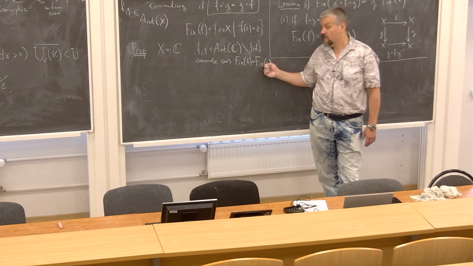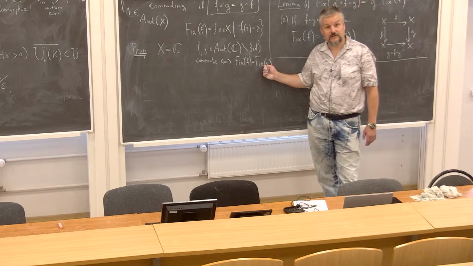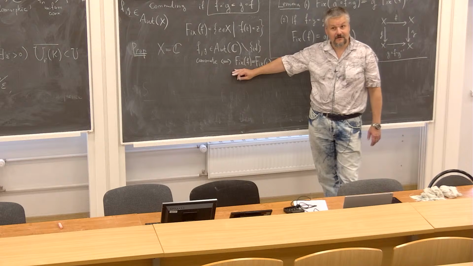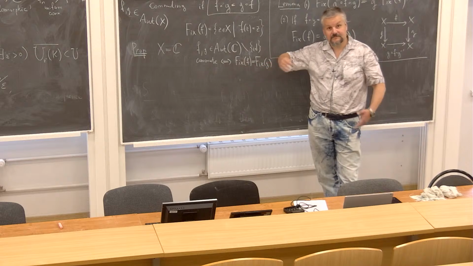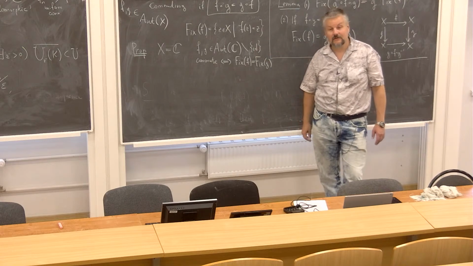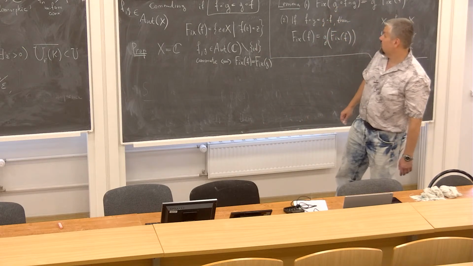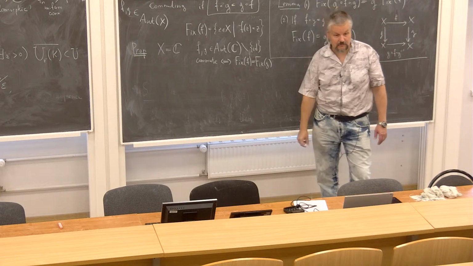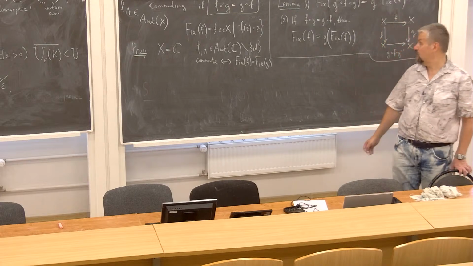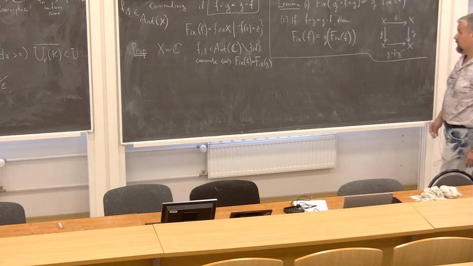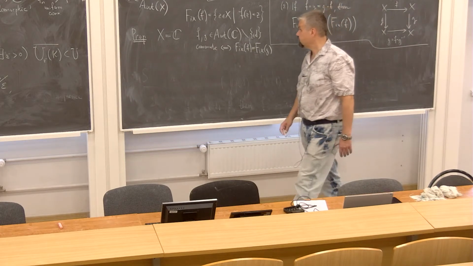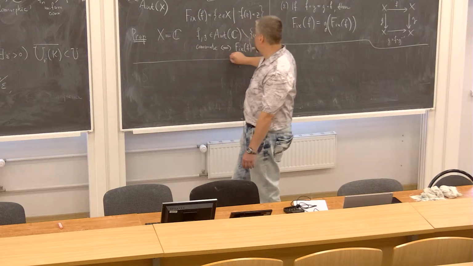Then G also has no fixed points, because any fixed point of G must be invariant under the translation performed by F, and that's a contradiction. So this is at most a one-point set, and this is equivalent to commuting.